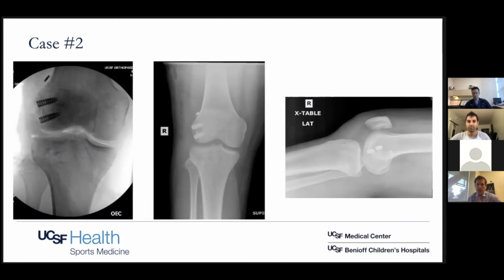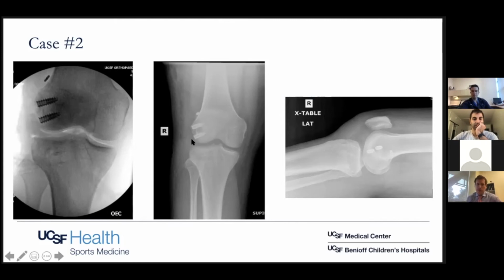Okay. And one argument is that your eventual outcome will not be worse, and then you're avoiding tunnels and whatnot. But I think the literature across the board does show that you have a higher failure rate with just a repair of the posterolateral corner. Got it. That makes sense.